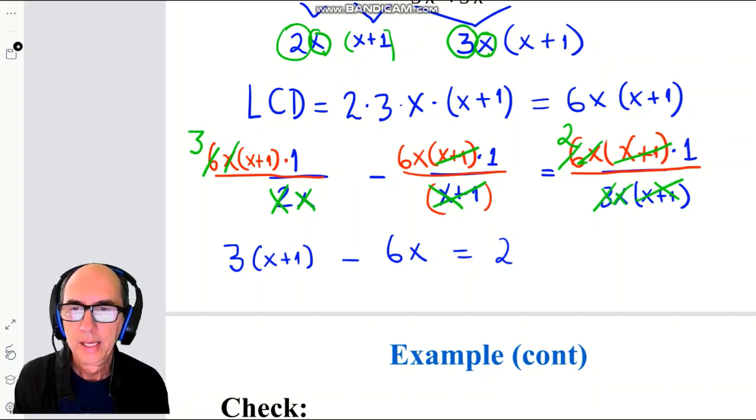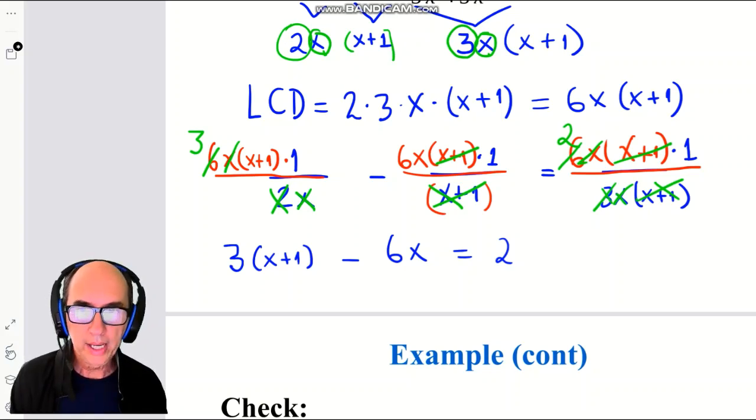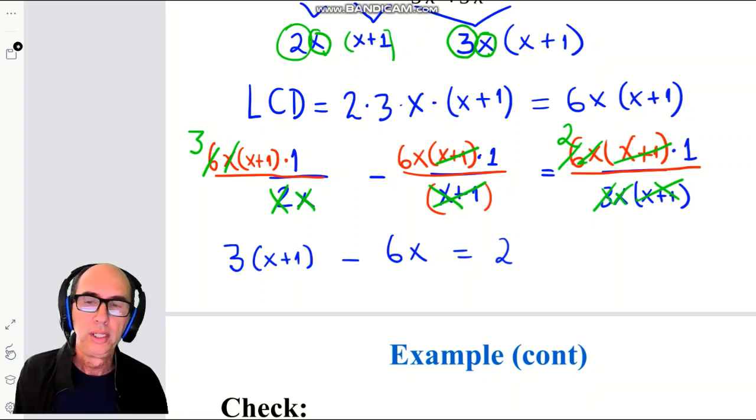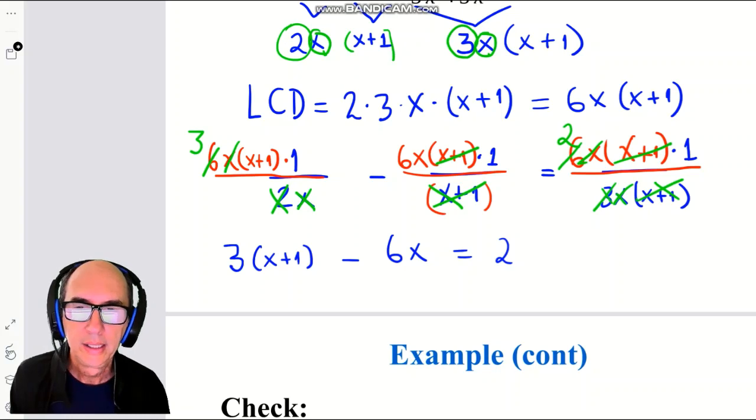The first thing is apply the distributive property, then combine like terms, then apply the addition property of equality again and again until you have all the x's on one side and all the numbers on the other side, and finally apply the multiplication property of equality if that is the case.